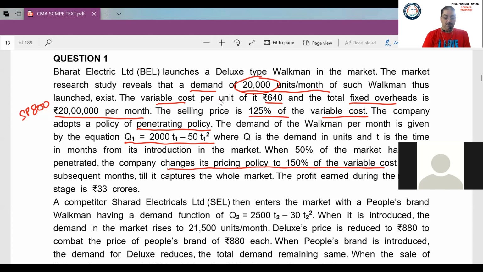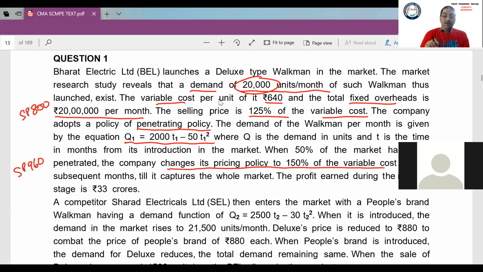So 640 into 150%, the selling price is 960. Selling price is 960. Till it captures the whole market, till it manufactures and is able to sell 20,000 units.